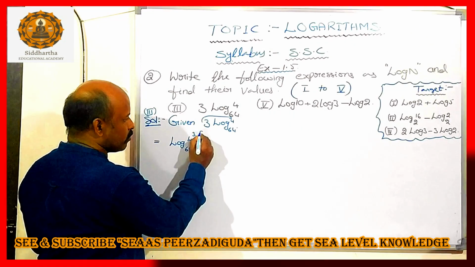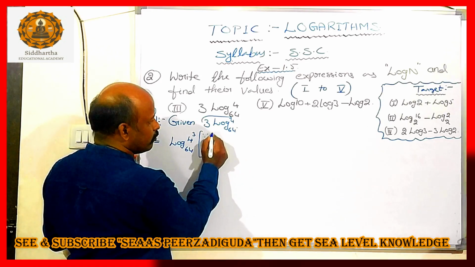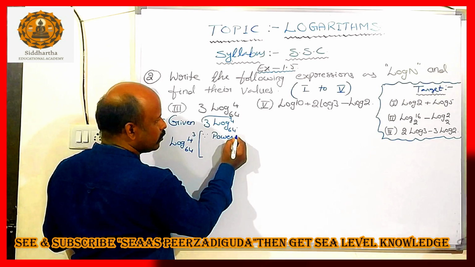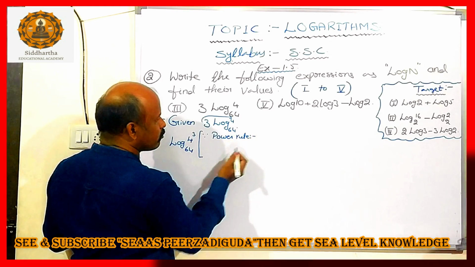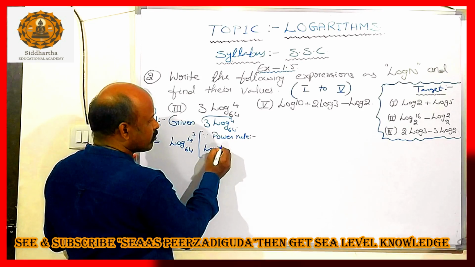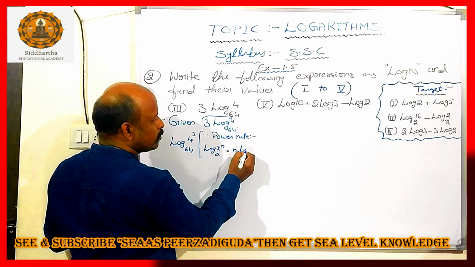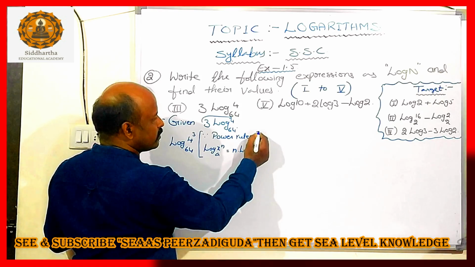So by using the formula, we have one formula over here. The formula is the power rule. What is the power rule over here? Log x power n base a is equal to n log x base a.